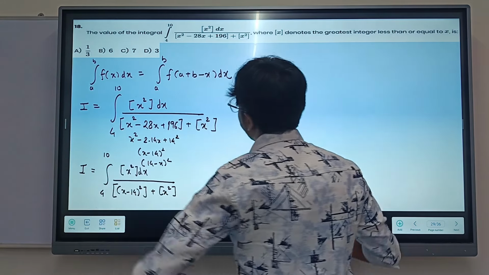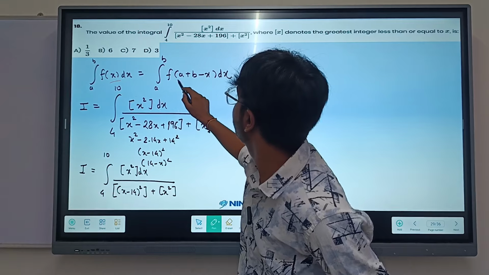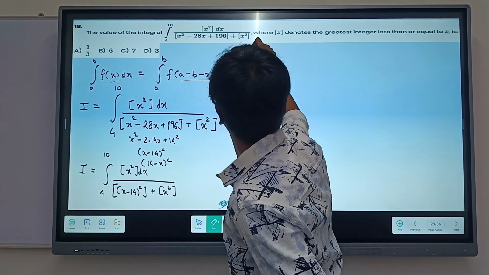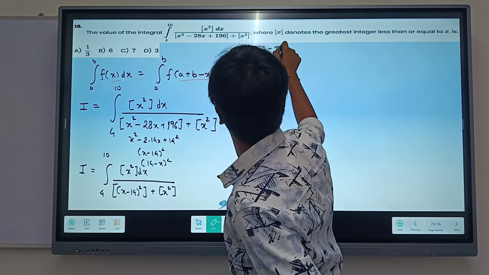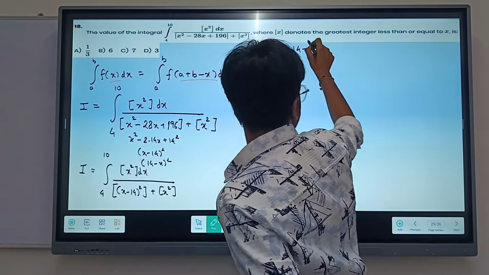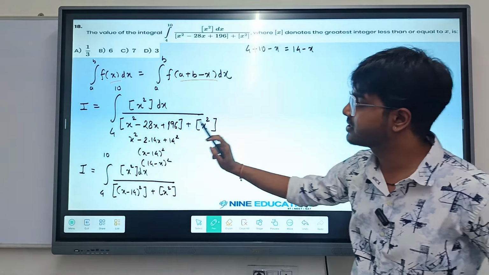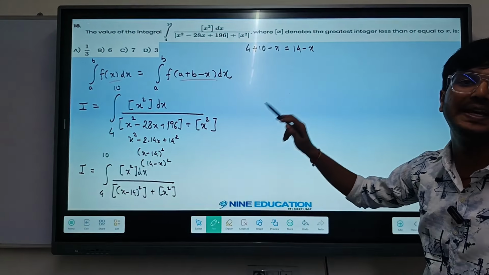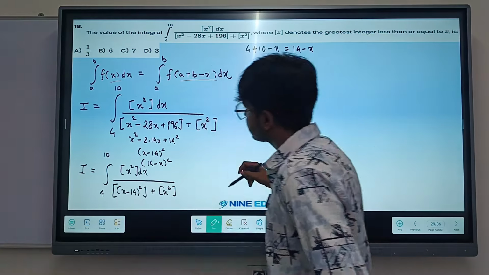Now I'll use this property. Instead of x, I'll substitute a plus b minus x. So a plus b, that is 4 plus 10 minus x, that is 14 minus x. So instead of x, I'll substitute 14 minus x.